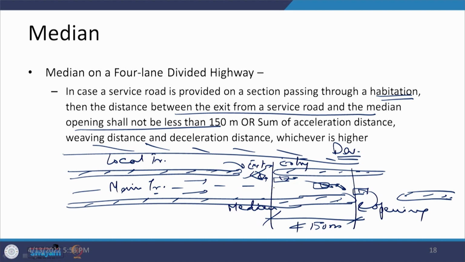This vehicle is going to accelerate here, do a weaving action here, and decelerate here. So, 3 actions are going on in this particular case: acceleration, weaving and deceleration, and whatever distance is required to do that is another criterion which needs to be looked at, and whichever is higher has to be provided as the distance between these two things. So, this is another important aspect related to it.